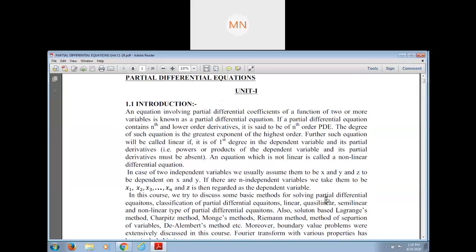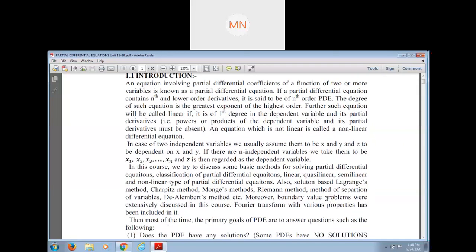Remember that in a partial differential equation we consider at least two independent variables and one dependent variable.